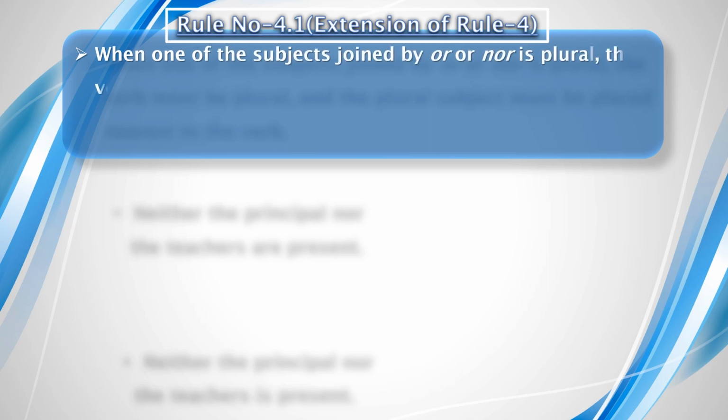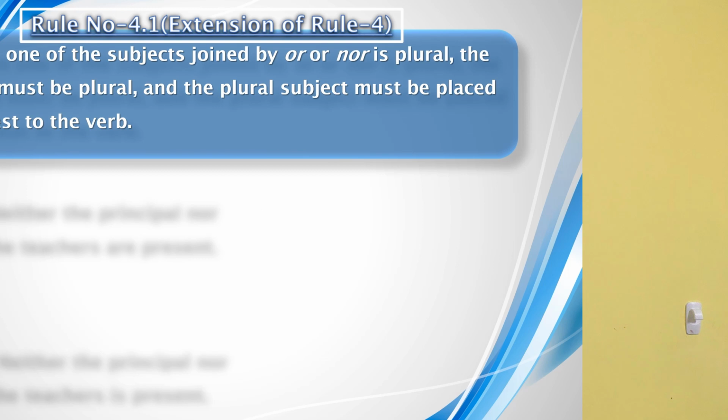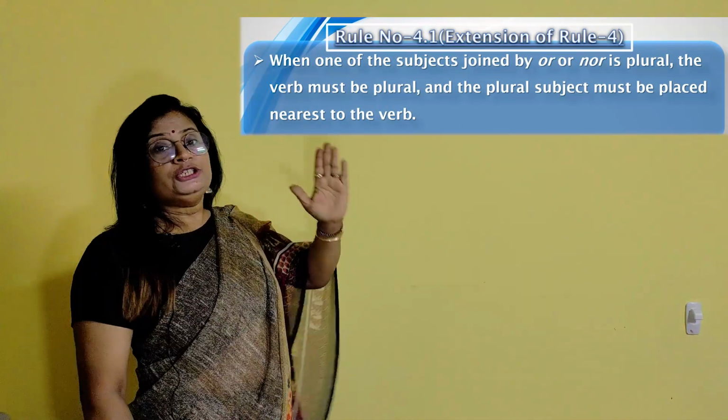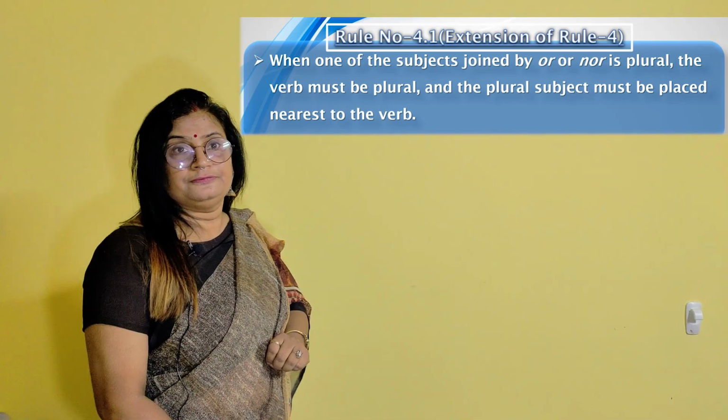Supposing you are joining by or nor and one of the subjects is plural. Previously we have said both the subjects are singular. Now I am telling we are joining two words, but one of them is plural. So when one of the subjects joined by or nor is plural, then the verb must be plural and the plural subject should be placed nearest to the verb.